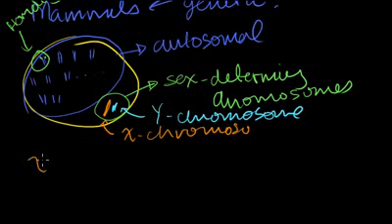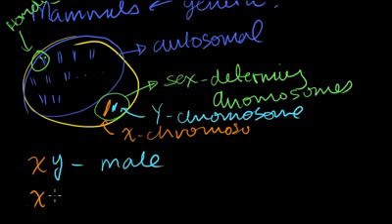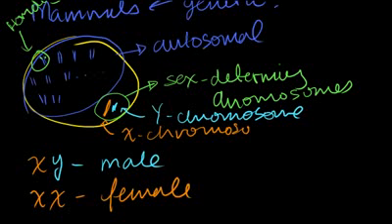So if you have an X chromosome, and we'll talk in a second about why you can only get that from your mom, an X chromosome from your mom, and a Y chromosome from your dad, you will be a male. If you get an X chromosome from your mom and an X chromosome from your dad, you're going to be a female. And so we could actually even draw a Punnett square.